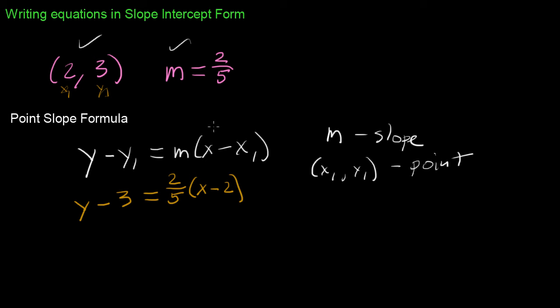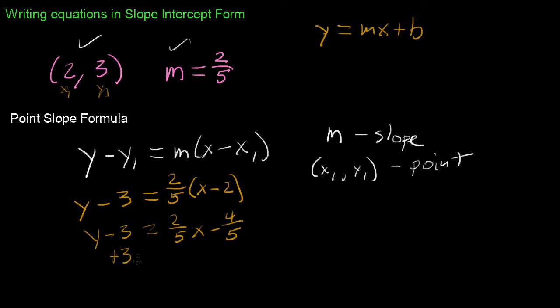Okay, this isn't in slope-intercept form yet, because remember, we want it to look like y equals mx plus b. So we need to rearrange this. First thing I'm going to do is distribute that 2/5. So I end up with 2/5 x minus 4/5. Now I need to add 3 to both sides.